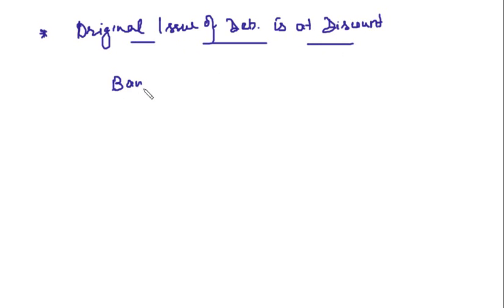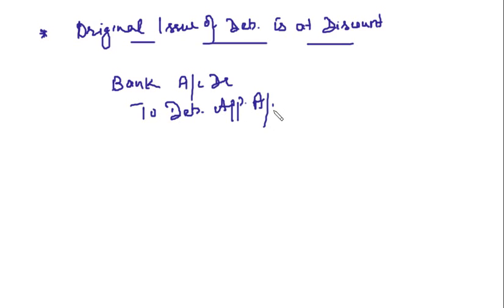Bank account debit to debenture application account, right? Say 90 rupees you have received, 100 rupees is the face value, 10 rupees is the discount at the time of issue of debentures.